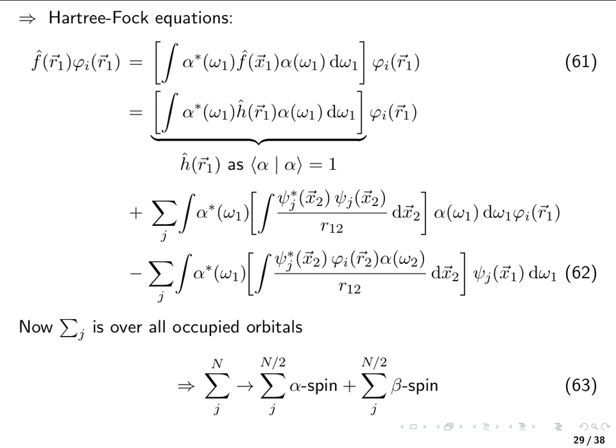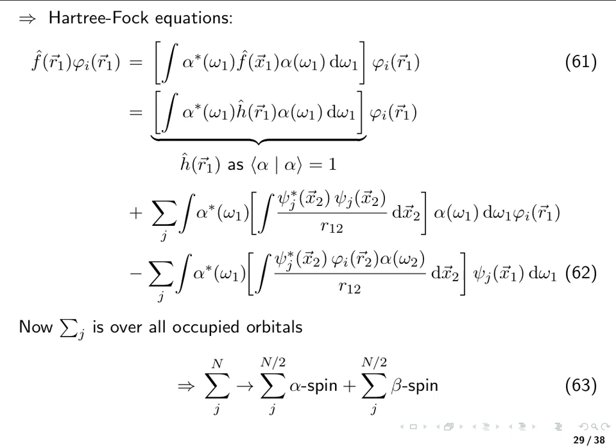And therefore we can take this operator out of this integral, because that's an integral over the spin of electron 1, and the core Hamiltonian only depends on the position, so we can take it out. And then we get just an overlap integral of spin orbital alpha with alpha, and they are normalized, so this one is 1. So the only thing which survives from this integral is the core Hamiltonian.